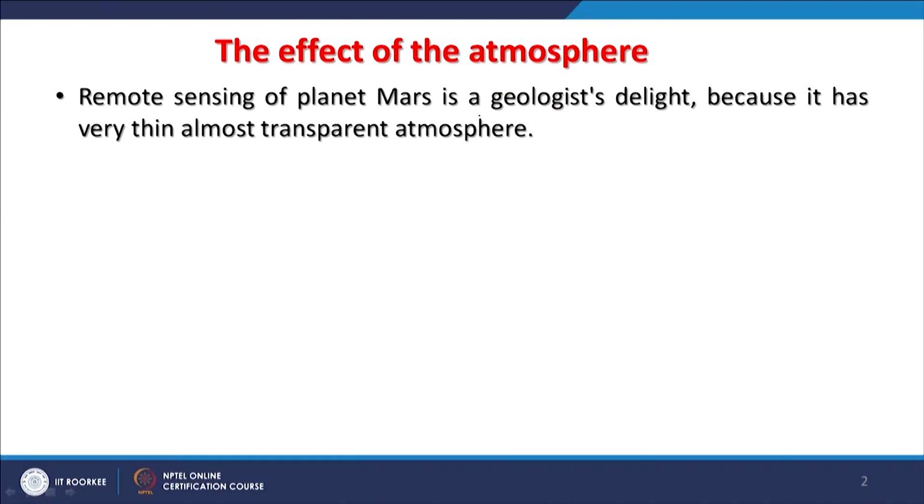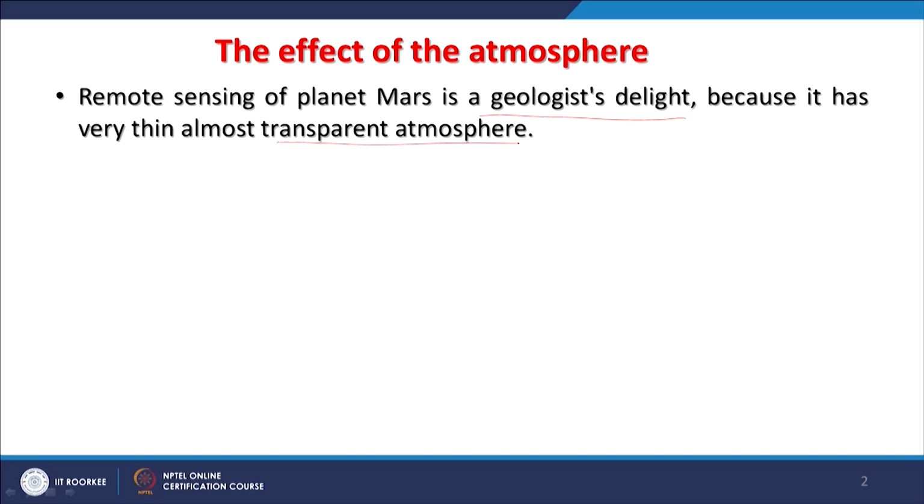But unfortunately, it is not true in the case of earth, though the atmosphere is very important for life, so that is fine. But if we think about Mars, Mars has a very thin atmosphere, and therefore it is written here as the geologist's delight, but this does not mean only for geologists; it is for engineers or anyone who uses remote sensing data.